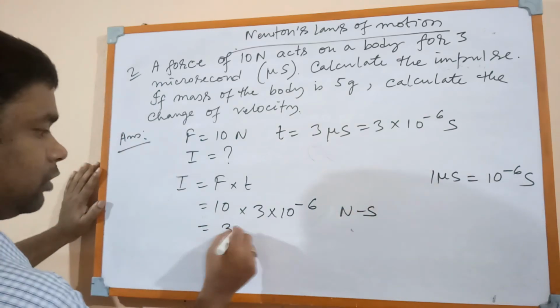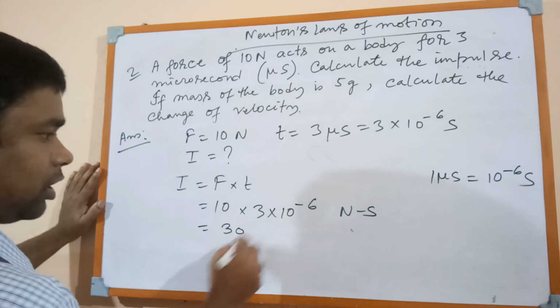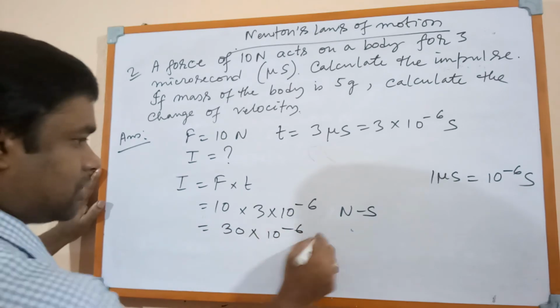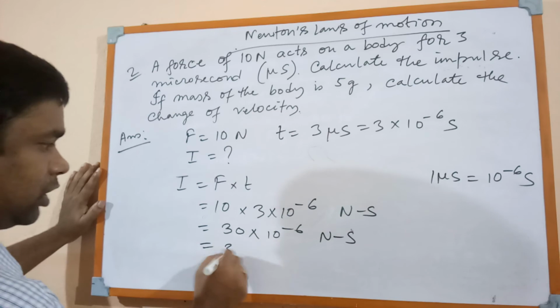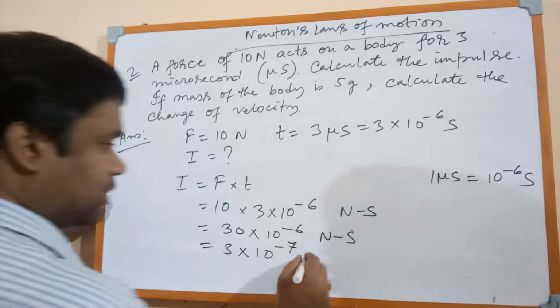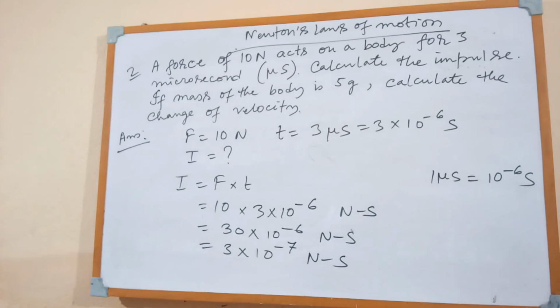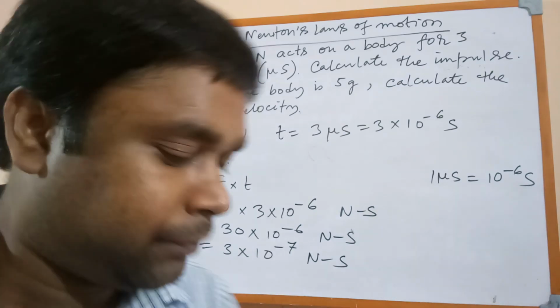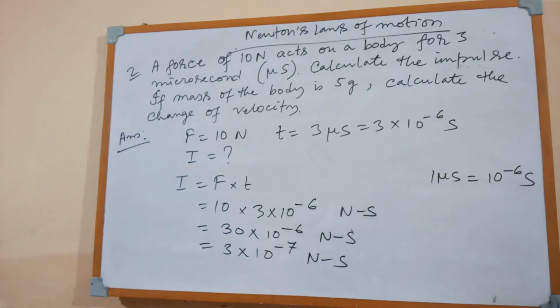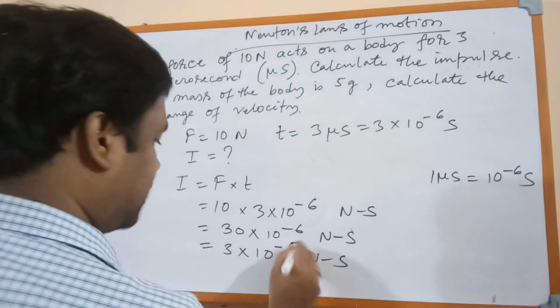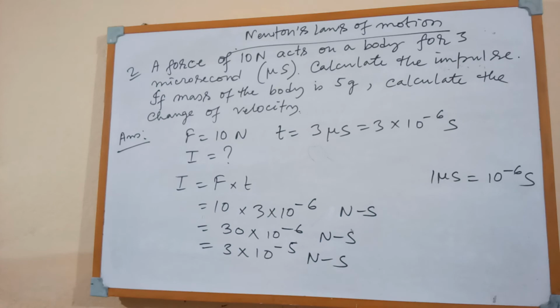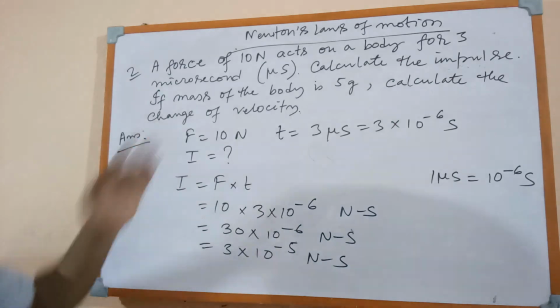So the answer is 3 into 10 to the power minus 5 Newton second.